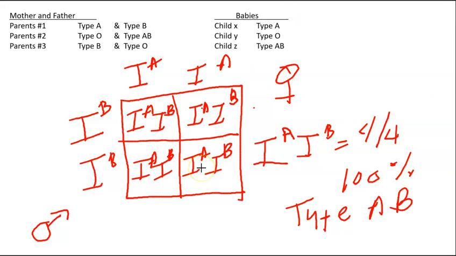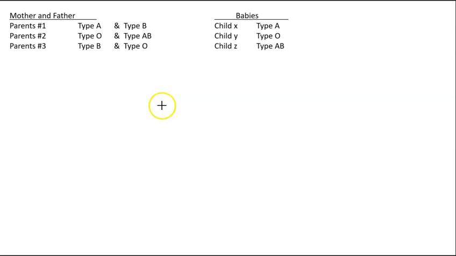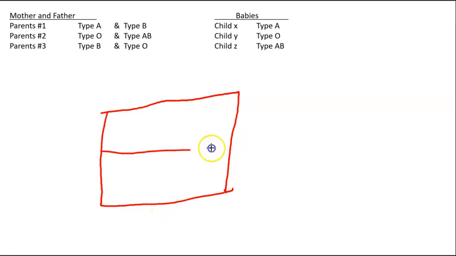Now, if we consider the other combinations for parents number one, let's say, for example, mom, she's type A. She's heterozygous for type A. So her genotype would be IA and then little i.